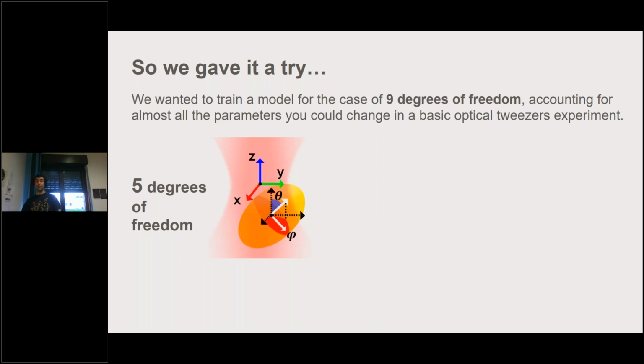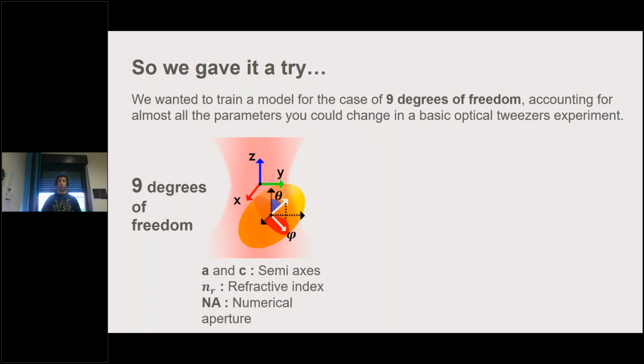Your particle can be in a different orientation, so we have another 2 degrees of freedom. Your particle is not necessarily a sphere, it can be an ellipsoid, so we have 2 other degrees of freedom, and we are on 7 already. And we can also change the refractive index of the particle and the numerical aperture of the objective we are using to focus the light.